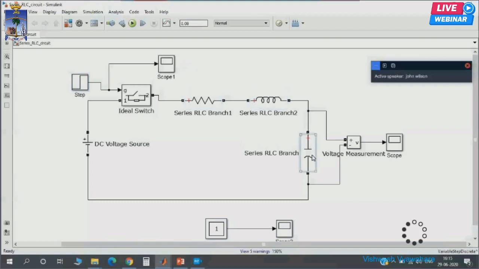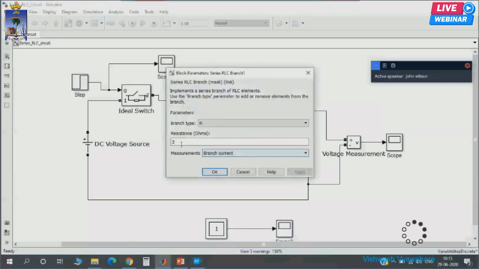Now you have a simple series RLC circuit, a second order circuit with two memory elements, L and C. The series RLC circuit is available here, and now I am going to execute this. What is the value of R? R is 2 ohms.